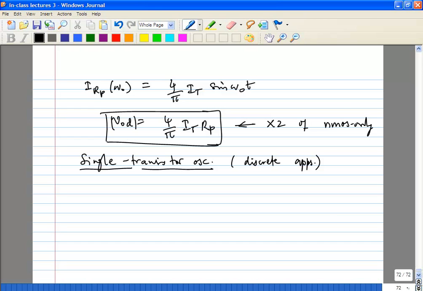That is the main motivation. So what we'll do is look at two ways of designing this. One is the single port way, and we'll again come back to the same thing using the feedback way of analysis.